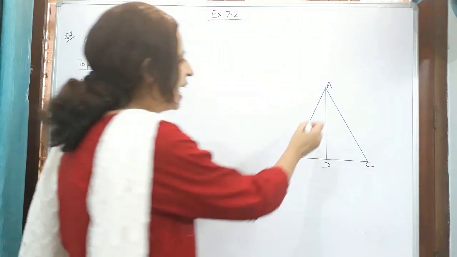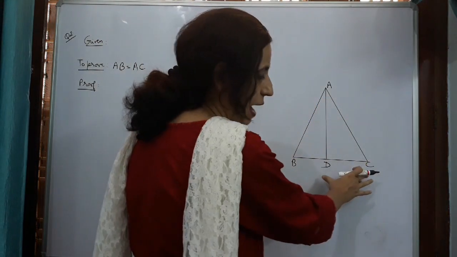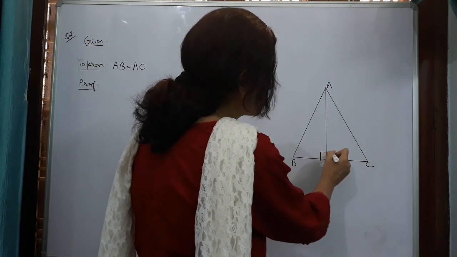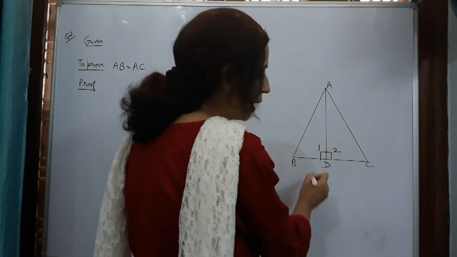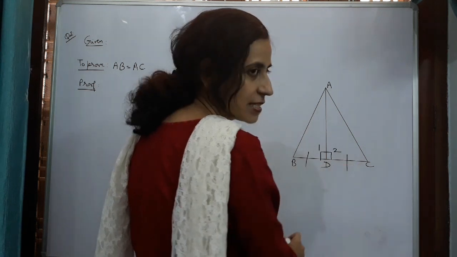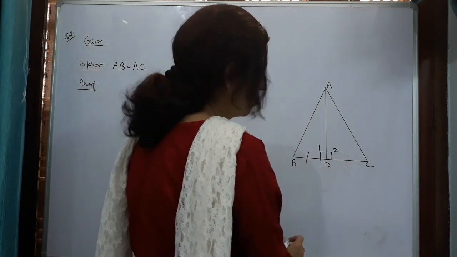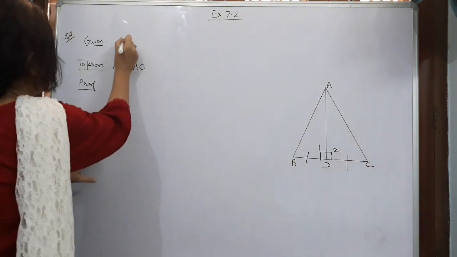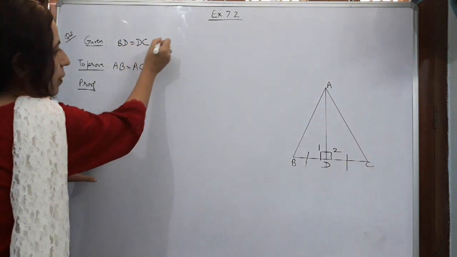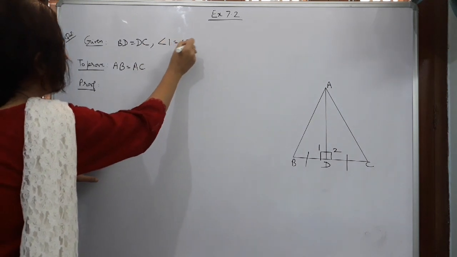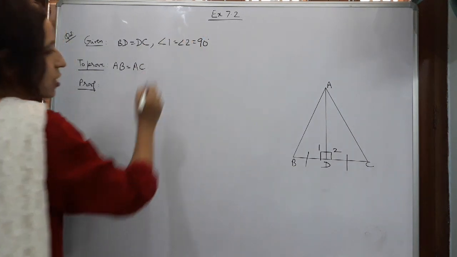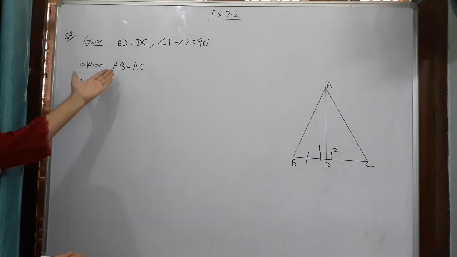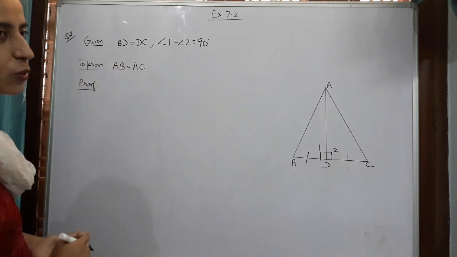Since AD is the perpendicular bisector of BC, it means that AD is perpendicular to it and AD is also bisecting BC. So over here it is given to us that BD is equal to DC and angle 1 is equal to angle 2, which is of measure 90 degrees. And we have to prove that AB is equal to AC.